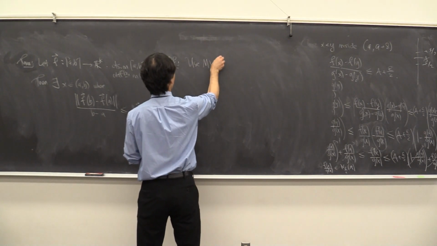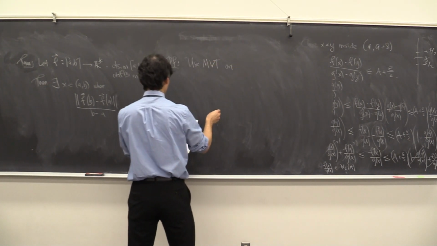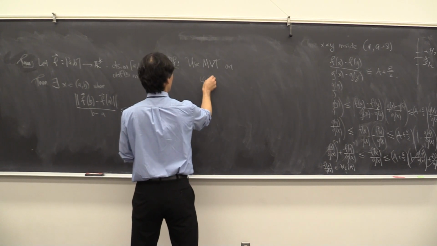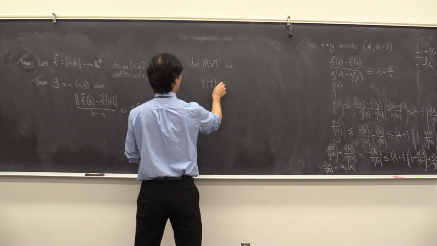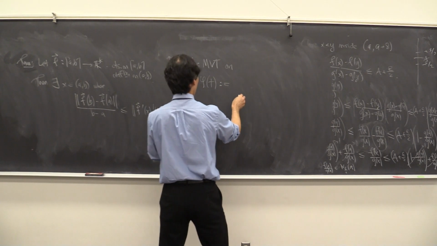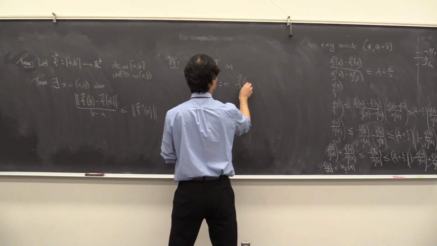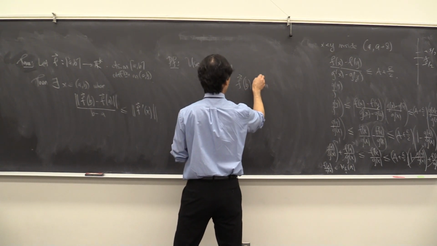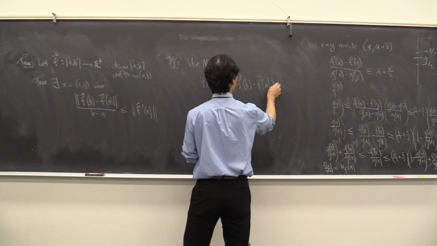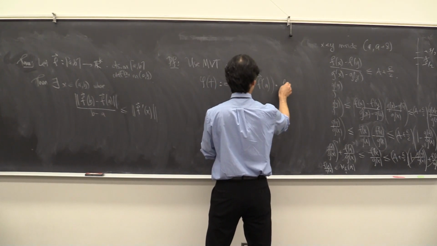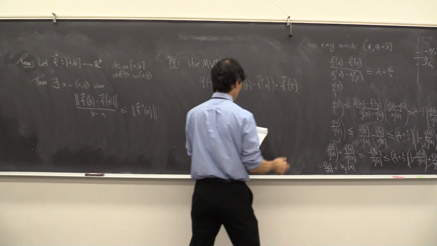Okay, so the proof is to use the mean value theorem on a different function. So the function you're going to consider is phi defined as the difference between the endpoints dotted against the function.